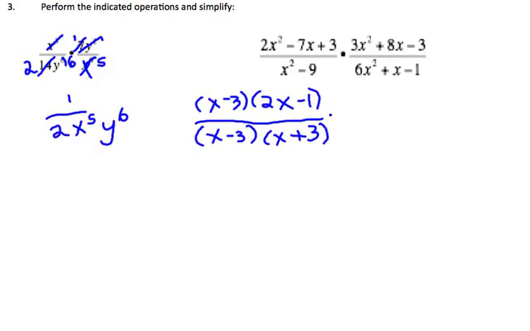Okay, now I'm multiplying that by 3x squared plus 8x minus 3. Let me just show you over here, since 3 of these are the same kind of factoring, I'll show you this one. 3 times negative 3 is negative 9. I'm looking for what multiplies to negative 9 and adds to positive 8, which of course is 9 and negative 1, and that's how I'm going to separate 8x. It becomes 3x squared plus 9x minus x minus 3, and then I do grouping.